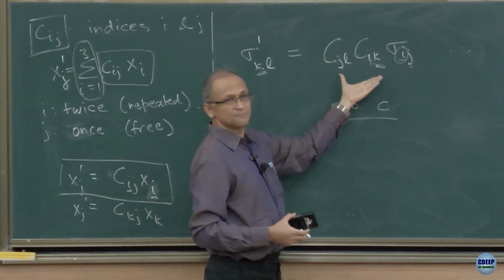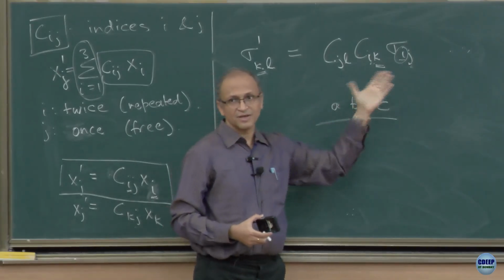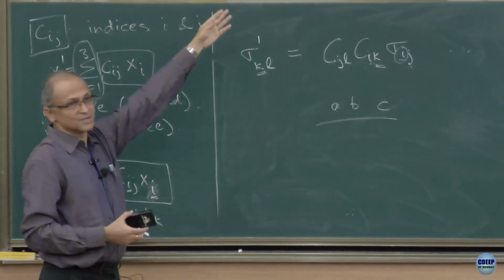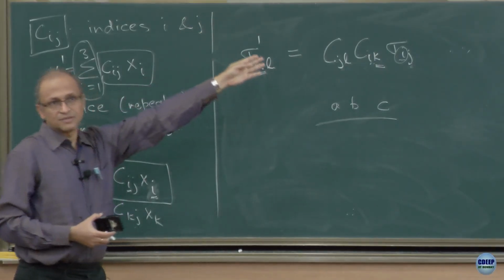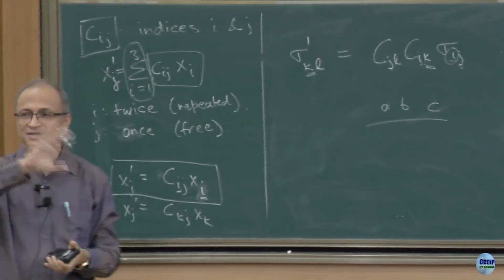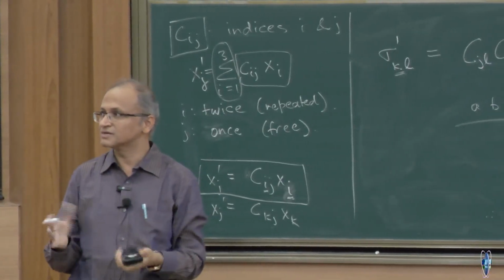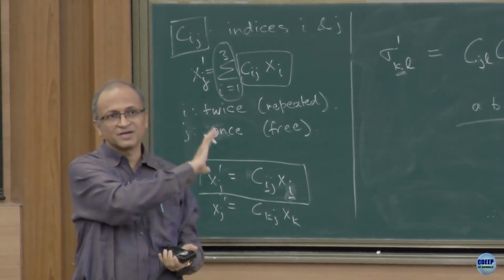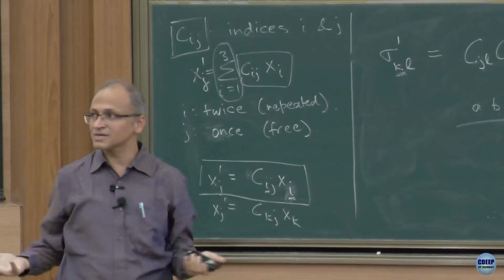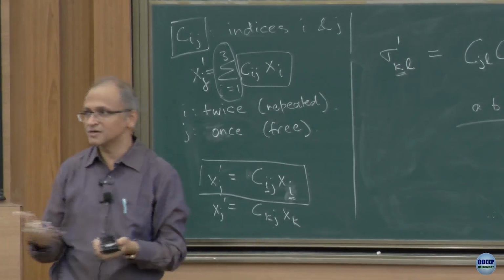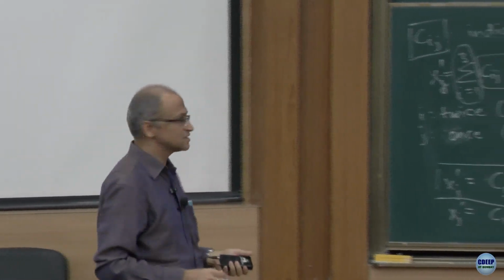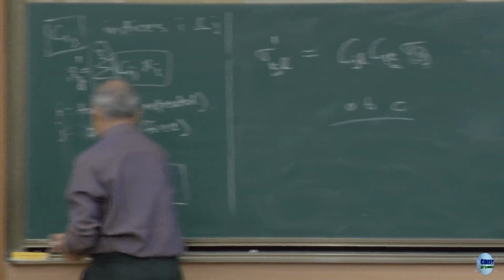That's the one power that you can see about tensors. Earlier, we were dealing with vector matrices, and we have to see whether A into B is not equal to B into A in general, as we know with matrices. So we'll have to be careful about whether we pre-multiply or post-multiply. Here we are now writing it out like an algebraic equation. In an algebraic equation, ABC is the same as BAC and so many other combinations, right? So that's one advantage that you get.